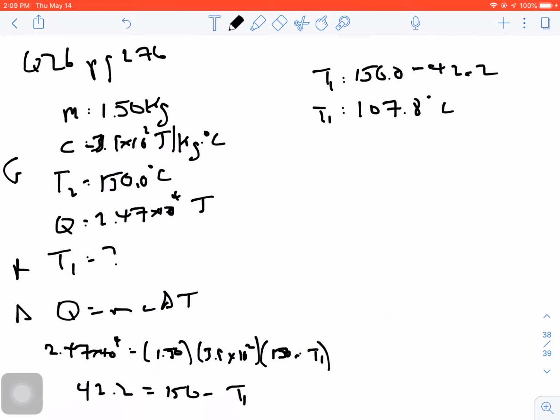Now, just as a quick check, I'm noticing that my temperature is lower than the final temperature, which is right. If I've heated it, my starting temperature couldn't turn out to be 200 degrees and finally end up at 150. So always watch to make sure that everything makes sense in terms of positives and negatives.